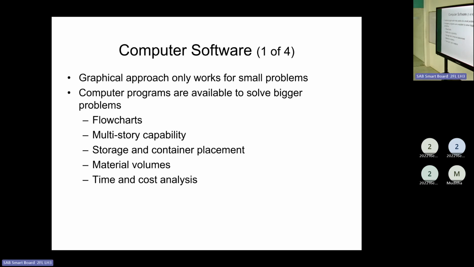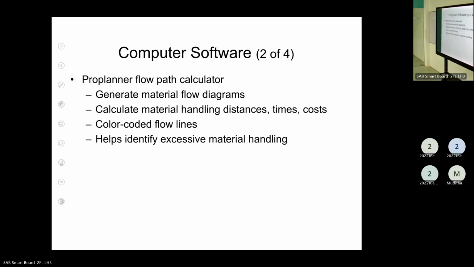And as you can see here in the next slide, ProPlanner flow path calculator will generate material flow diagrams, calculate material handling distances, times, and cost. Color coded flow lines show which departments are crucial, and how we can improve them further.